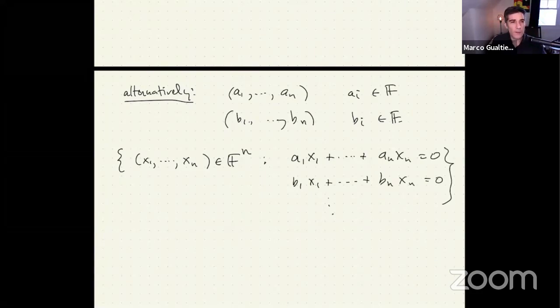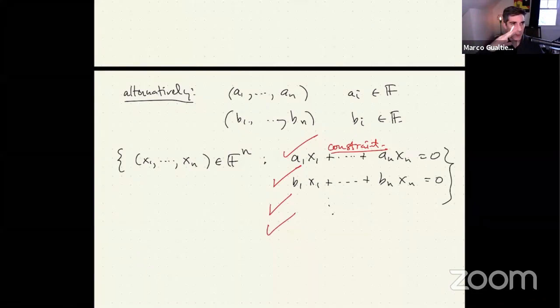I'm going to look at only the vectors which satisfy this constraint, and the constraint is cutting down, right? It's imposing a constraint. It's saying, no, I'm eliminating all vectors that don't satisfy this constraint. I want everyone to satisfy this constraint, and you just keep constraining the thing, cutting down the size of your subspace, getting smaller and smaller.